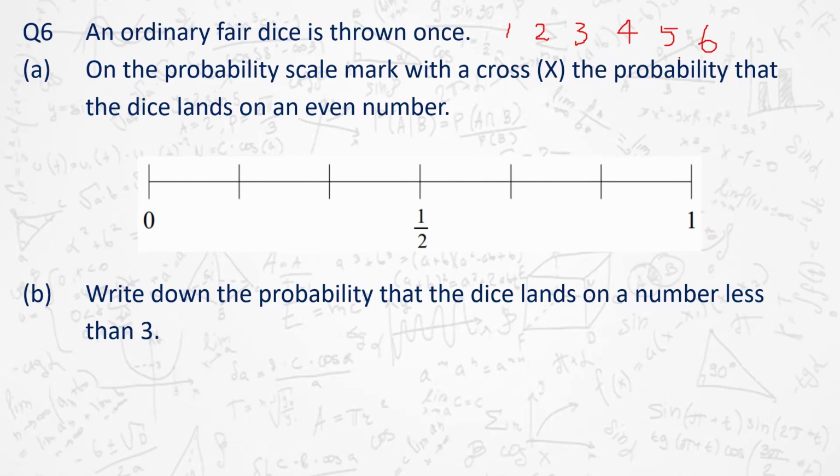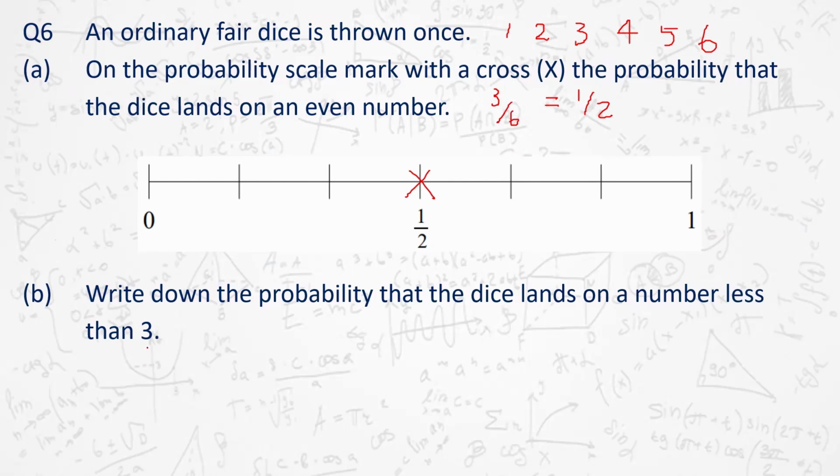It's an ordinary dice with 6 sides. So the even numbers are 2, 4, and 6. So it's 3 out of 6, which simplifies to half. So it will be right in the middle.